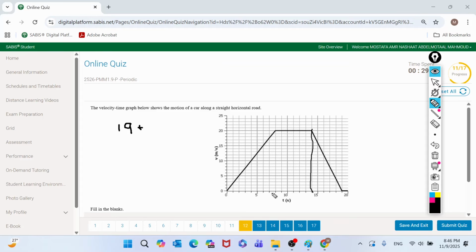So 14 minus 8. So 6. So 19 plus 6 over 2 times the height, which is 20.